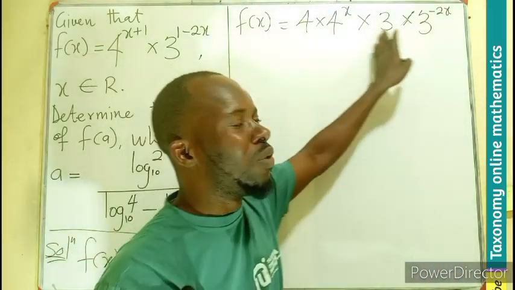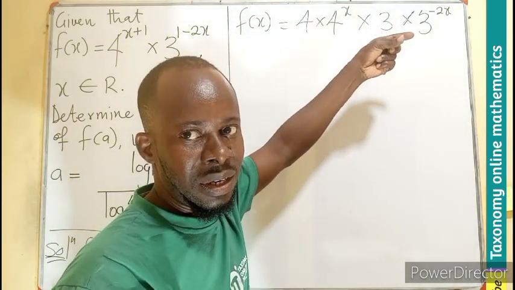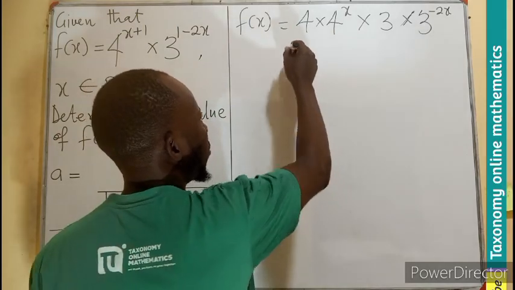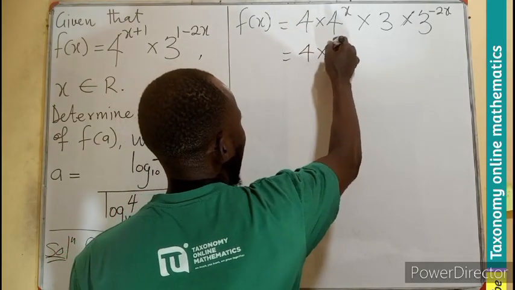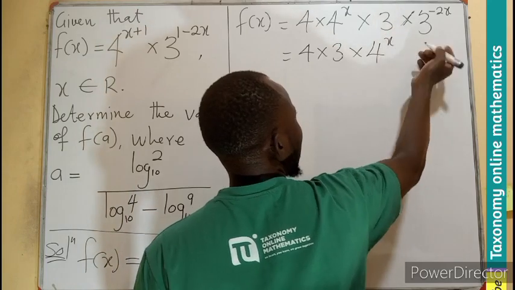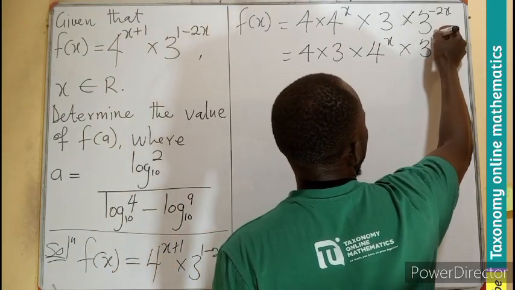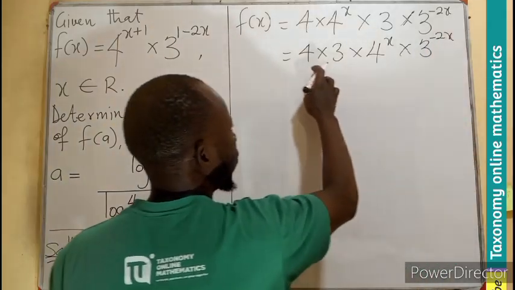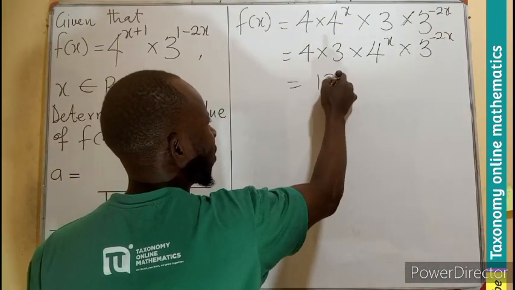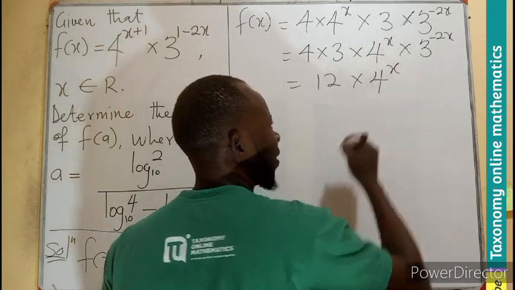Now you can see we are still doing multiplication, so the constants without powers can also multiply, meaning 4 times 3, then 4 exponent x, then times 3 exponent of minus 2x. We know this will give us 12, and this will still be 4 exponent x.